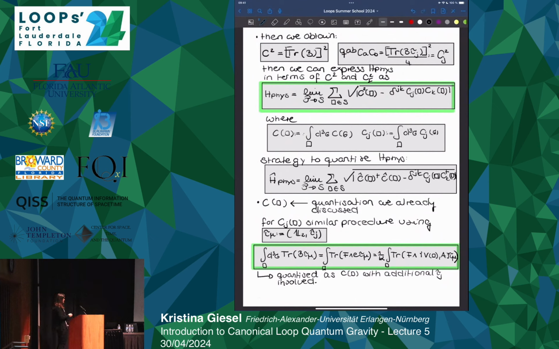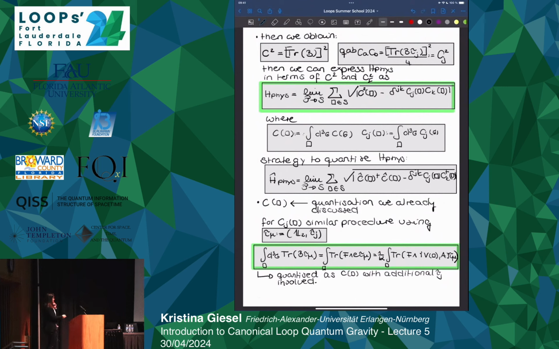And for this C of box, apart from the fact that I choose cubes here instead of tetrahedra, it means we can follow the techniques which I was discussing before to quantize the geometric contribution of the Hamiltonian. The only difference is that we get an additional tau j matrix for the part involving the diffeomorphism.